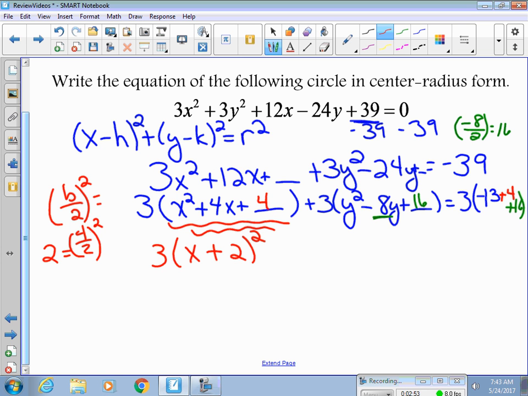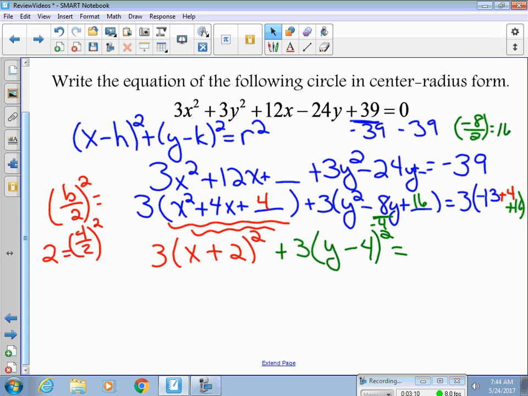So I have 3 times (x plus 2) squared, plus the 3 stays there. For y, I took half of that b term, so it's going to be a minus 4. It's going to be (y minus 4) squared equals, and here you have to be a little careful, because this is what we have on this side. We have 3 times parentheses, negative 13 plus 4 plus 16.